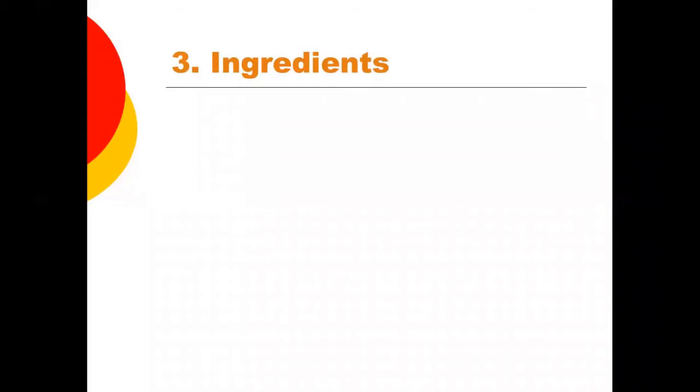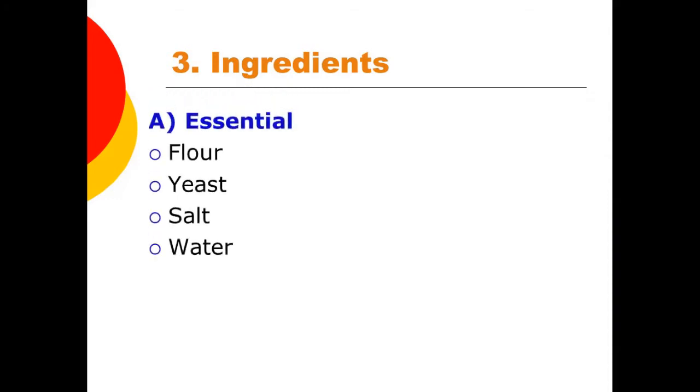The next one is ingredients used in yeast doughs. For making the yeast bread, four basic things are required. Those are called the essential ingredients. That is flour, yeast, salt, and water.